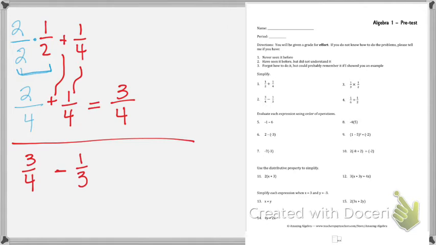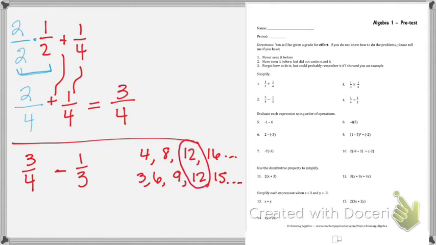So we have to find a common term that we can multiply by and get the same number. So think of your multiples of 4 and 3. So 4, we have 4, 8, 12, 16, and so on. 3, we have 3, 6, 9, 12, 15, and so on. Do you see a common number?